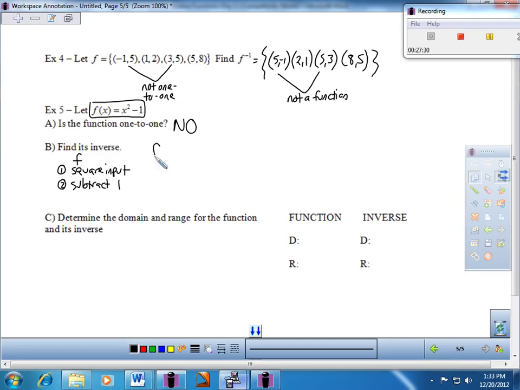Okay, so how would you create the inverse of that function as a result? How would you unwrap the gift? Remember, start with the bow and work backwards. So I would probably add 1 first. That would undo this step, of course. And then after adding the 1, I would undo the square. We'll talk about how we undo a square momentarily.